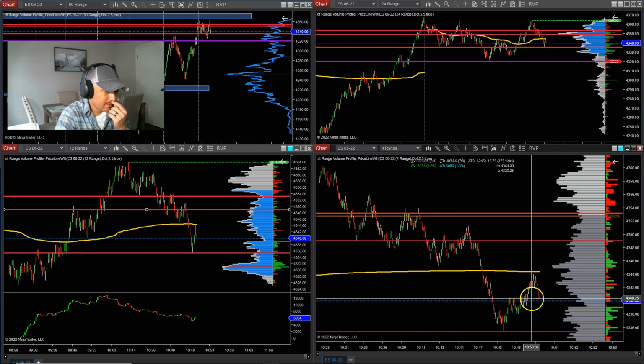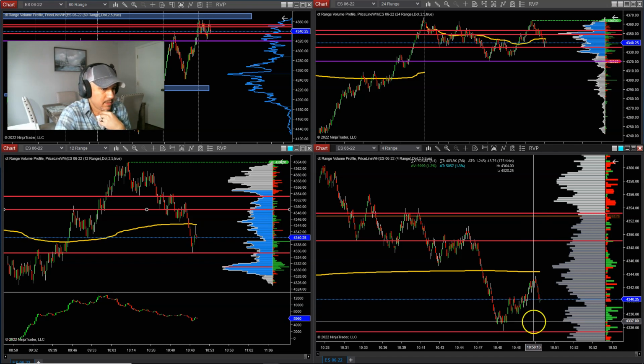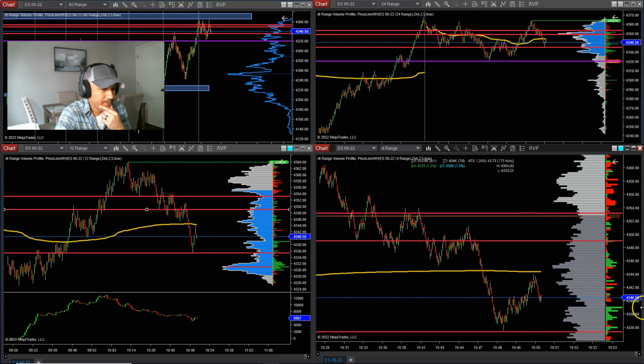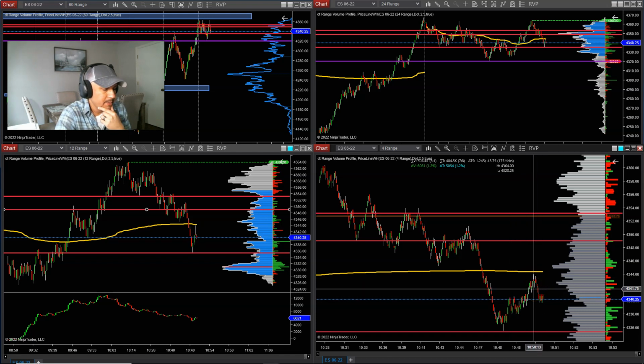Okay, be careful here. It could bounce right back up to here, maybe the 41 3/4, 42 area. But be careful.